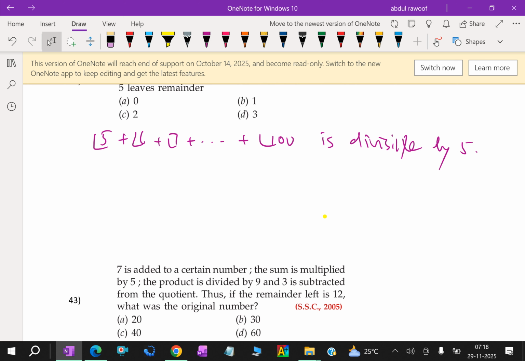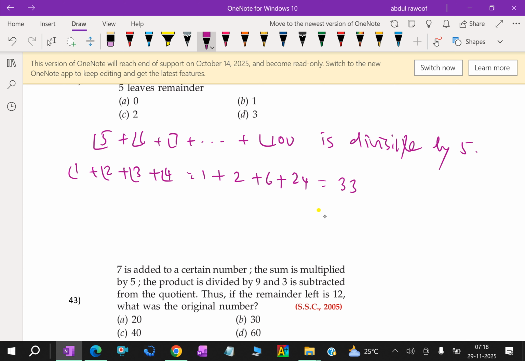And 1 factorial plus 2 factorial plus 3 factorial plus 4 factorial, because 5 factorial starts being divisible: 1 factorial is 1, 2 factorial is 2, 3 factorial is 6, 4 factorial is 24, which gives 1 plus 2 is 3, 9, this 33.